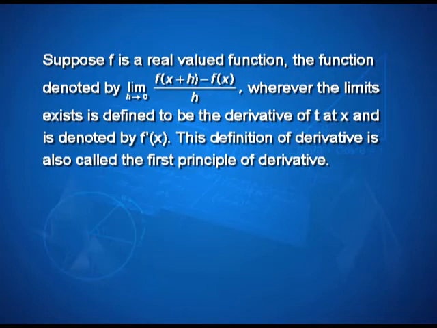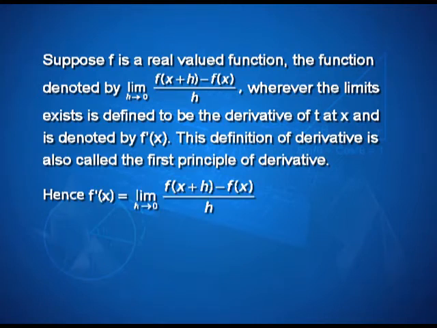This definition of derivative is also called the first principle of derivative. Hence, f dash x is equal to limit of f of x plus h minus f of x upon h as h tends to 0.